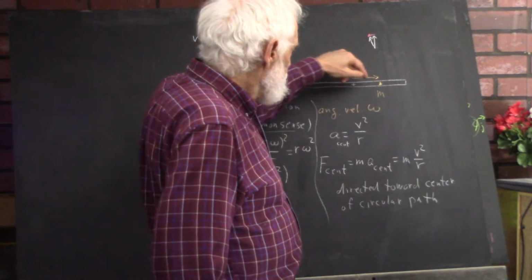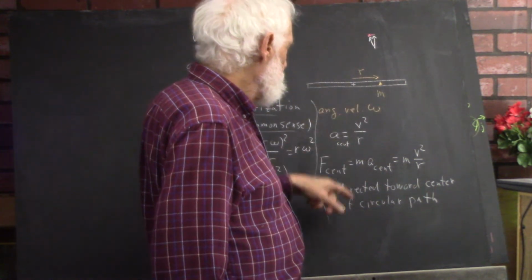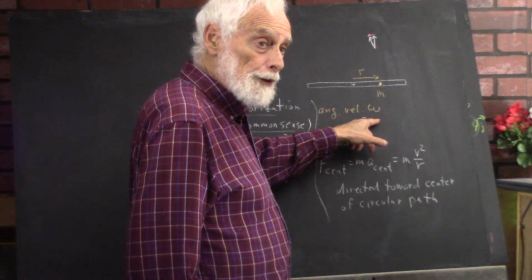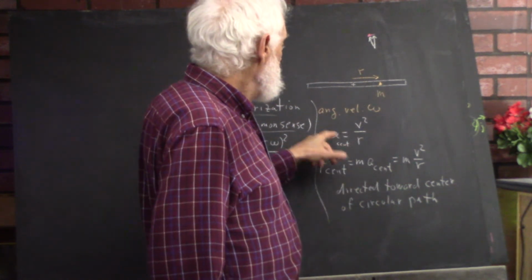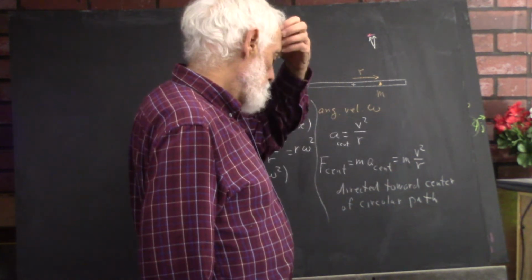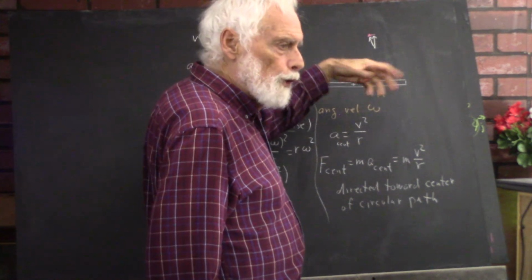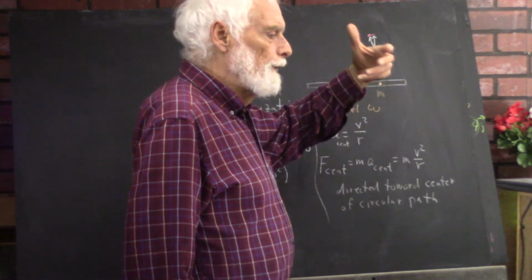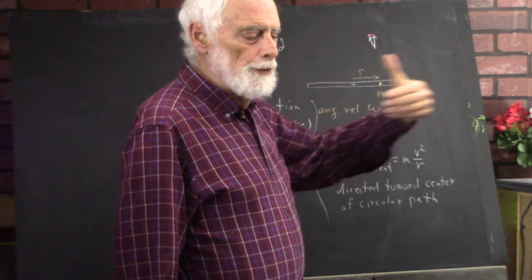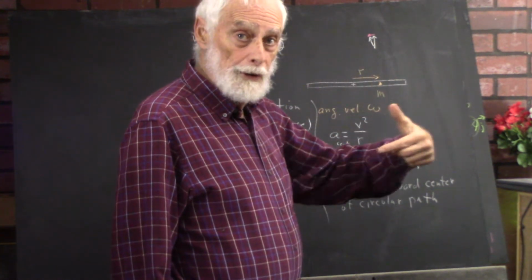You have an increasing centripetal acceleration. As I sped the thing up, omega kept increasing until it got to the point where the frictional force could no longer supply the centripetal force needed to accelerate the thing toward the center.